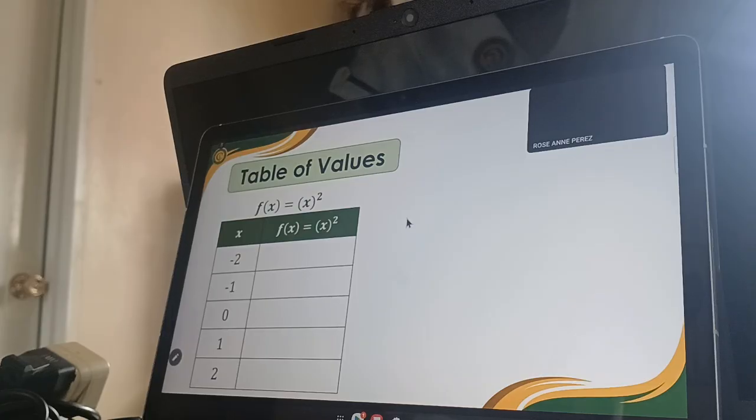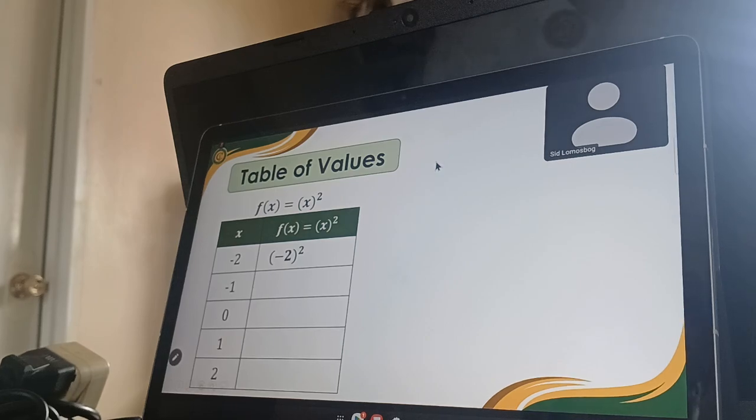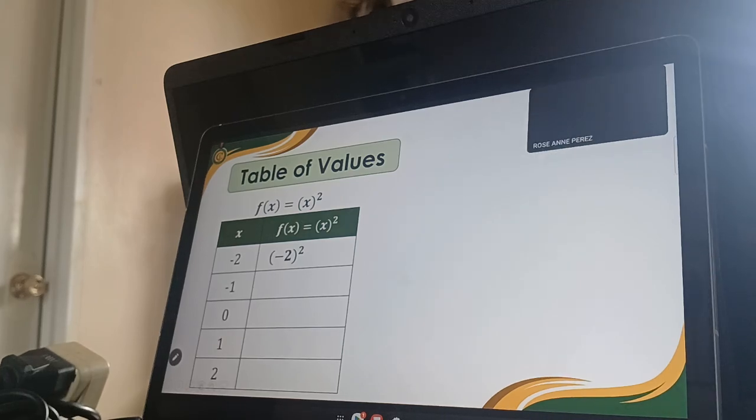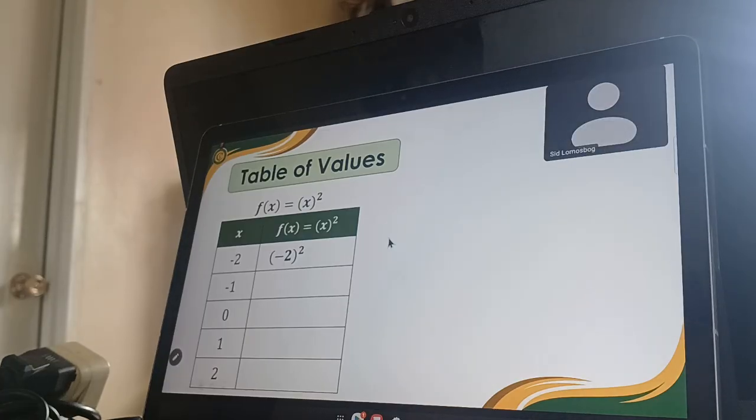So if our x will be negative 2, what do you think will be our y coordinate?